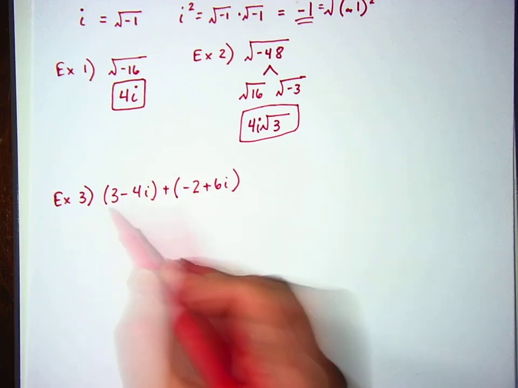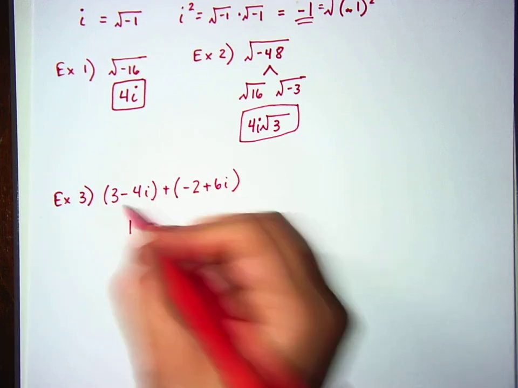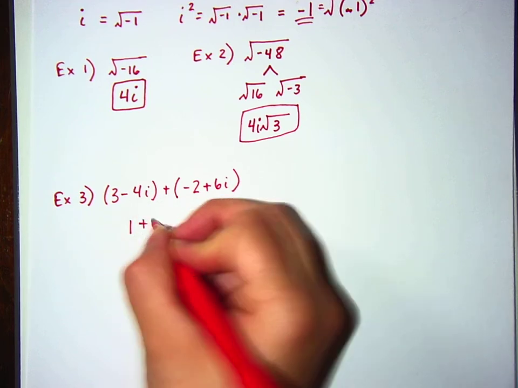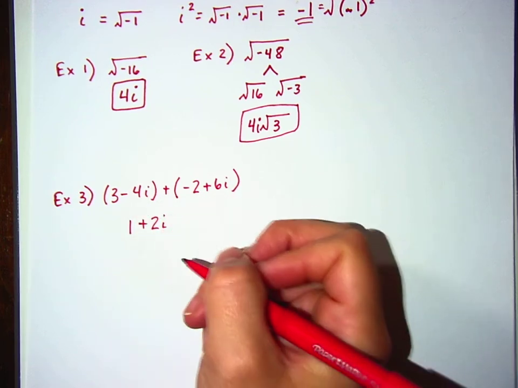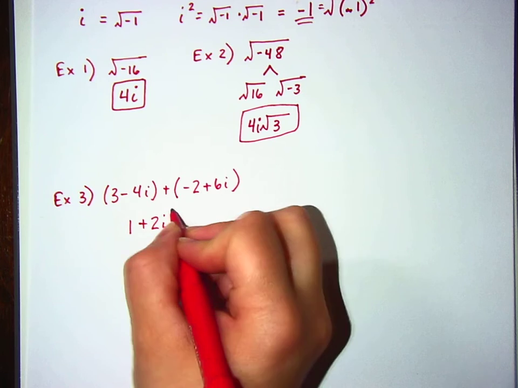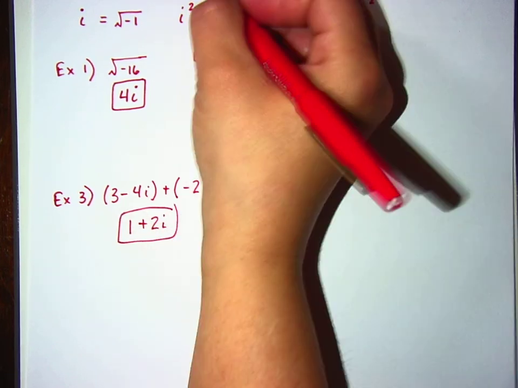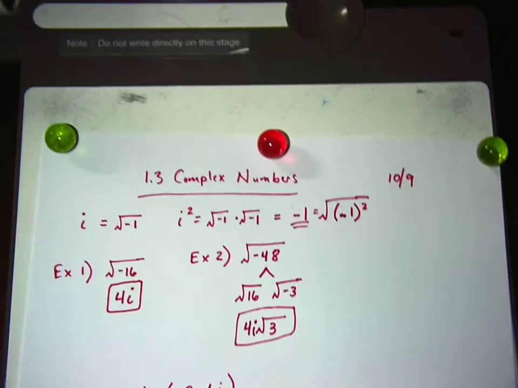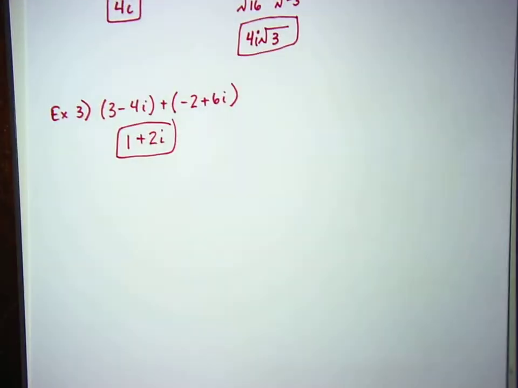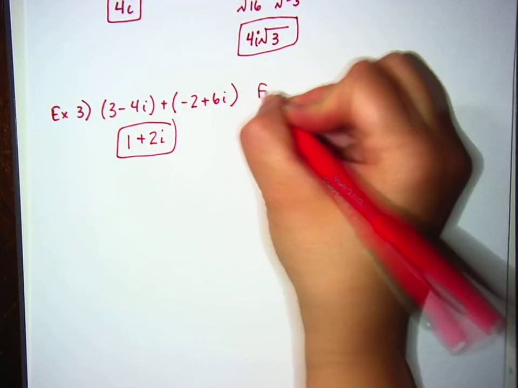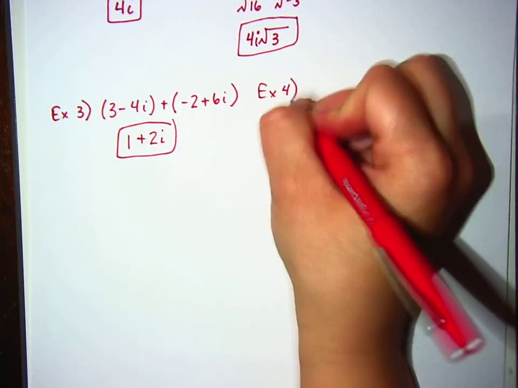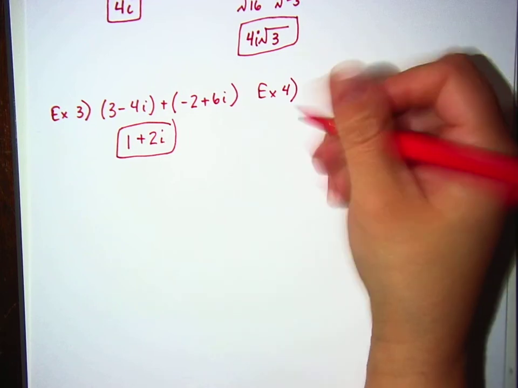So you would say, okay, 3 plus -2 is 1, and -4 plus 6 is 2i, and that would be it. So, not complex. Well, I mean, it is literally complex numbers, but it is not difficult because you can just treat it like a variable, which means that your homework is going to be pretty easy tonight.